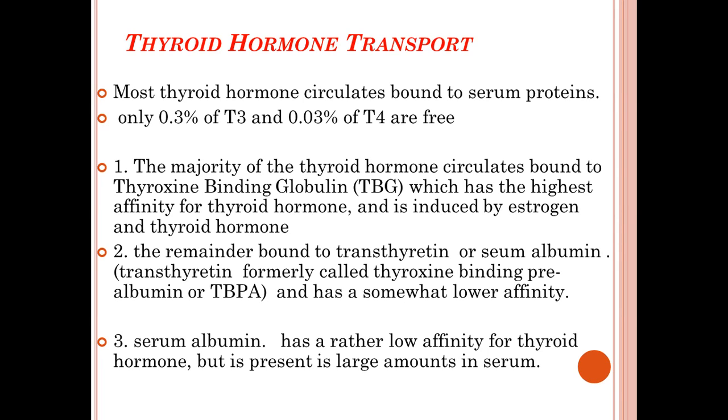The next one is transthyretin, sometimes previously called thyroxine binding pre-albumin, which has lower affinity but high capacity.